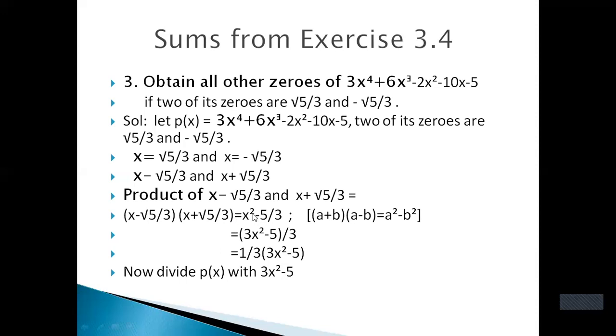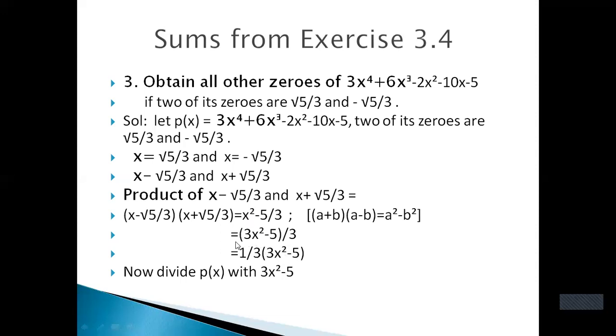So x square minus 5 by 3. Now take the LCM: the denominator is 3, and the numerator is 3x square minus 5. If you take 1 by 3 common out of the bracket, the leftover is 3x square minus 5.